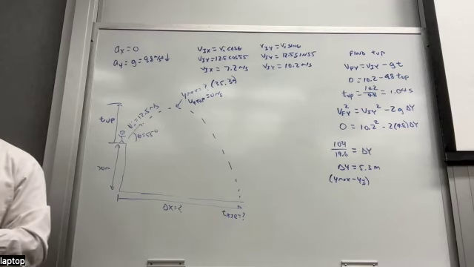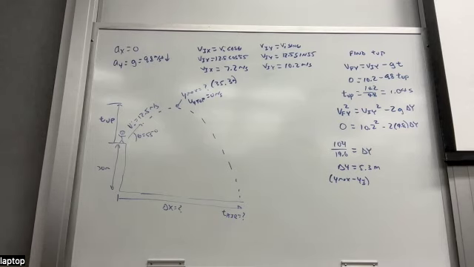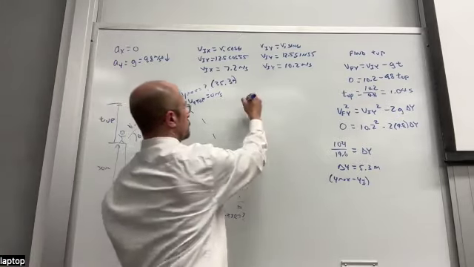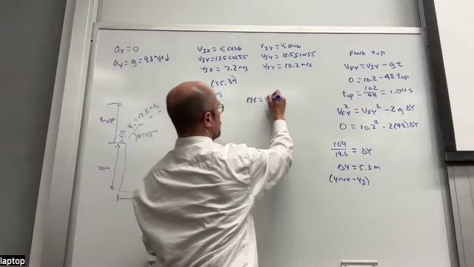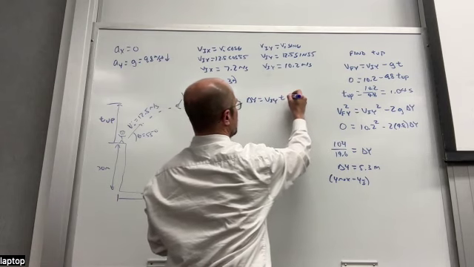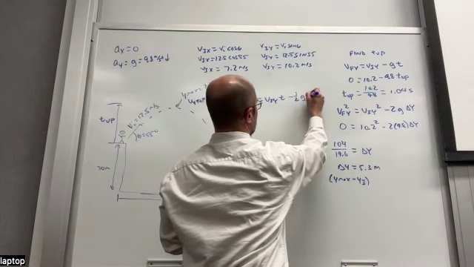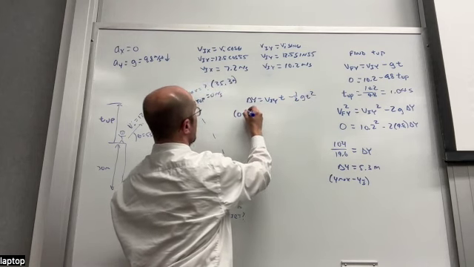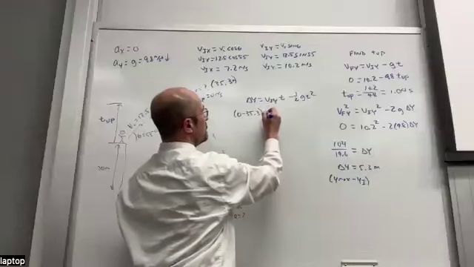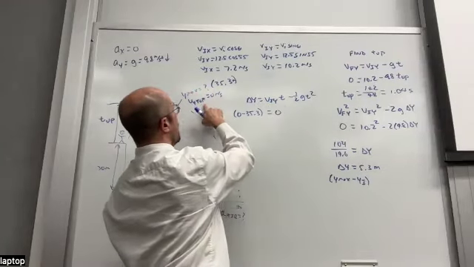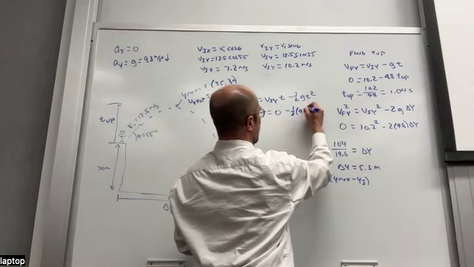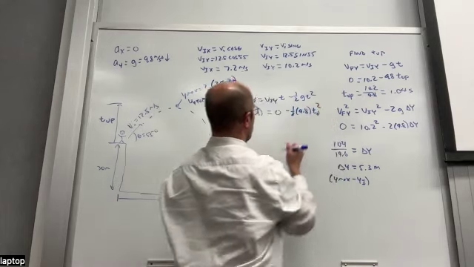How do we find t down? We use free fall, which is delta y equals v_iy t minus 1/2 g t squared. So this is going to be 0 minus y max, 35.3, equals 0, because at the top, the velocity is 0, minus 1/2 times 9.8 t down squared.